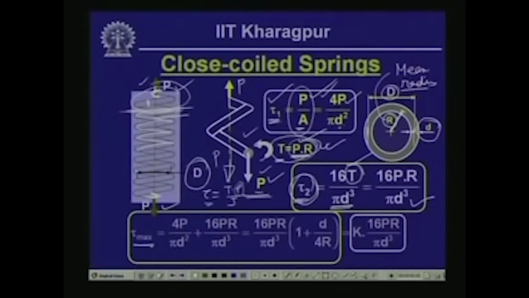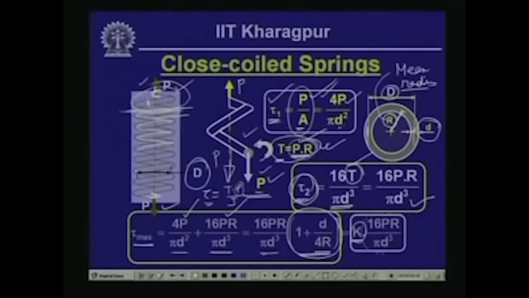We call this the maximum shearing stress, tau max, which equals 4 P by pi d square plus 16 P R by pi d cube. The first term is from the direct shear stress and the second originates from the twisting moment. If we take 16 P R by pi d cube out, we get the factor 1 plus d by 4 R, and this bracketed term we call K, the stress concentration factor.